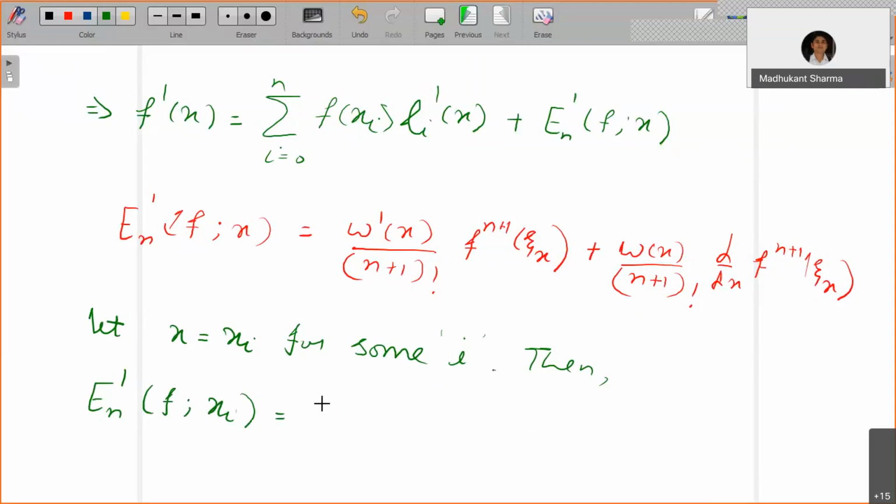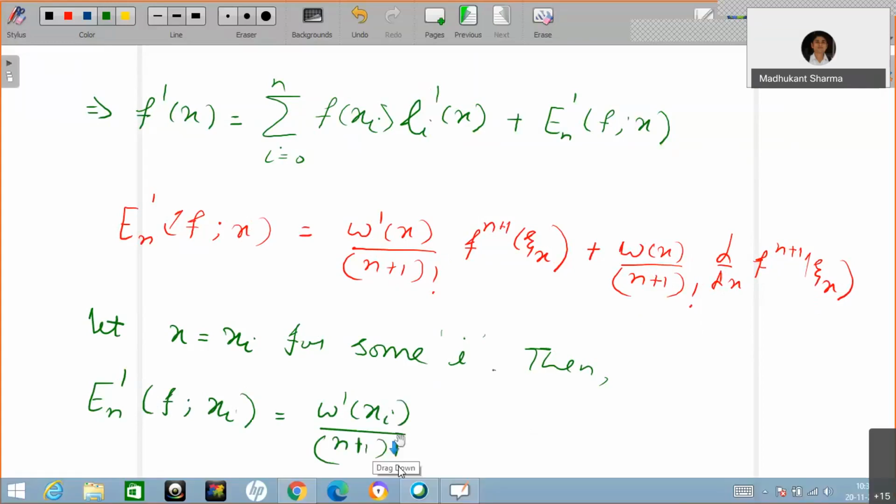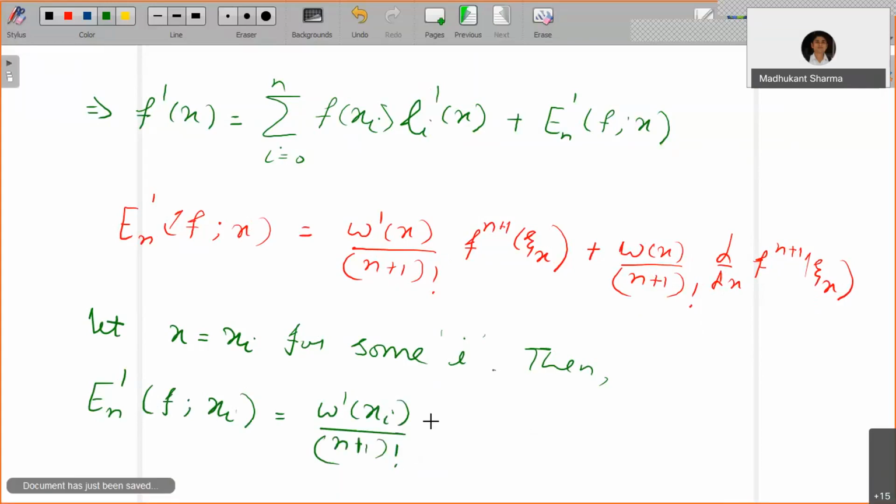So this equals w dash of xi divided by n plus 1 factorial, and the n plus 1th derivative of f at zeta of x equals xi. Zeta depends on xi. There is no contribution from this, and we can get the explicit expression of w dash of xi as well.